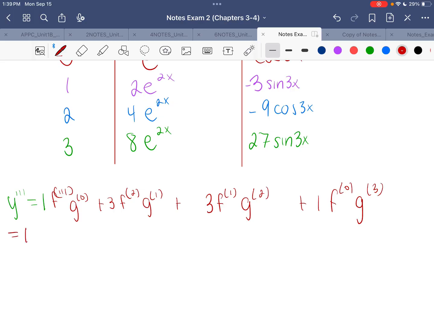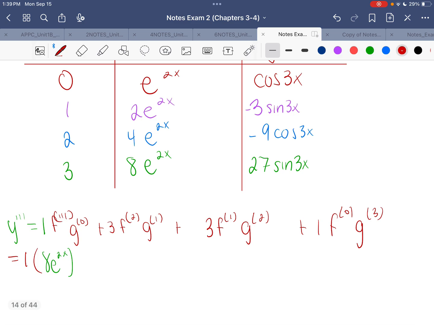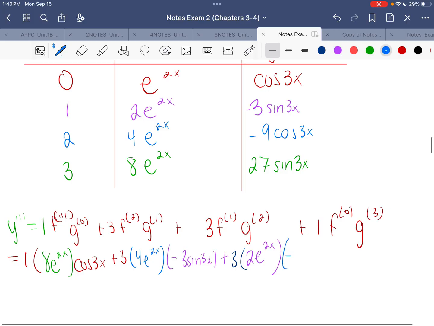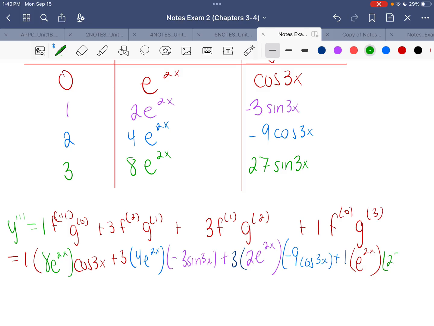So we're going to get 1 times 8 e to the 2x times cosine 3x, plus 3 times the second derivative of f, 4 e to the 2x, times the first derivative of g, -3 sine 3x, plus 3 times the first derivative of f, 2e to the 2x, times the second derivative of g, -9 cosine 3x, plus 1 times e to the 2x times the third derivative of g, 27 sine 3x.